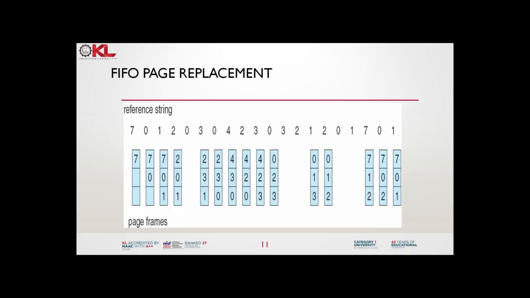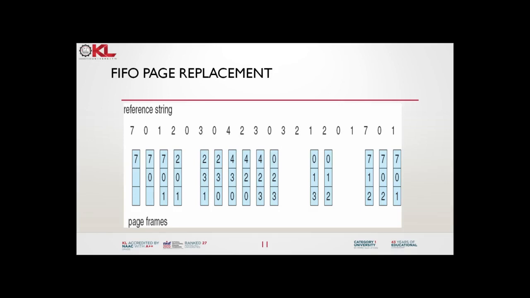The 7 was replaced with the 2. Similarly, to accommodate 3, which one has been held for the longest duration? 2 was recently added. Next, 0: 0 has existed for a long duration. So this is the right page to be replaced with the new one, 3. That's the reason this 0 is replaced with the 3, and 1 stays 1. So this is also considered a page fault.